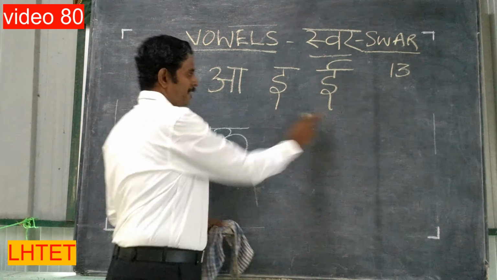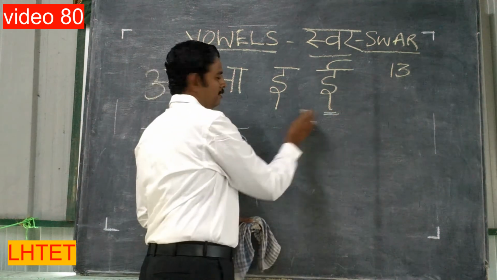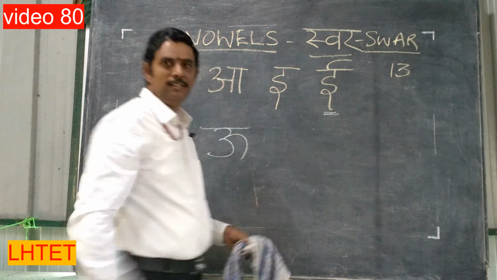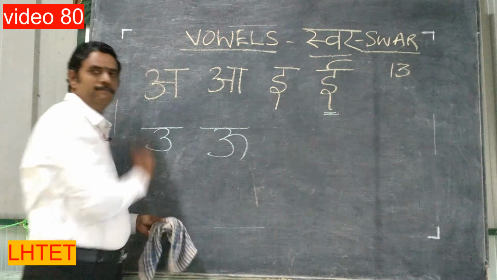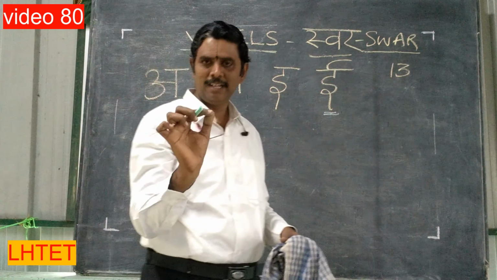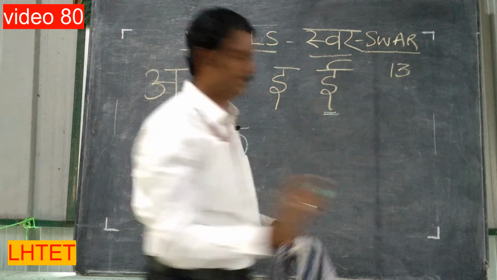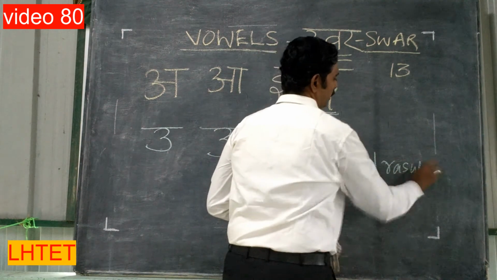Okay, the span of time. The duration what you are taking is little bit lengthier than this. This is e. This is a. Where the time is very shorter, which is called hrasva.